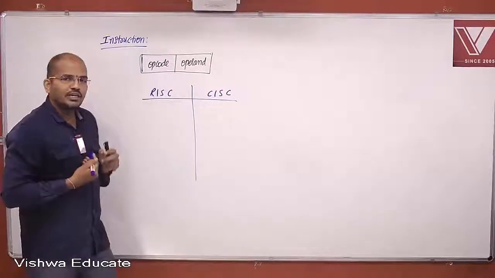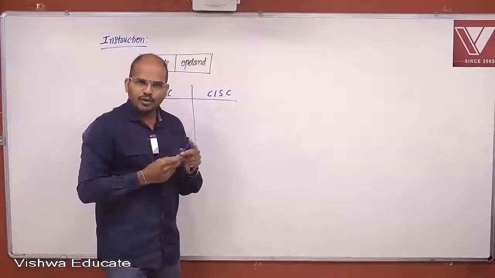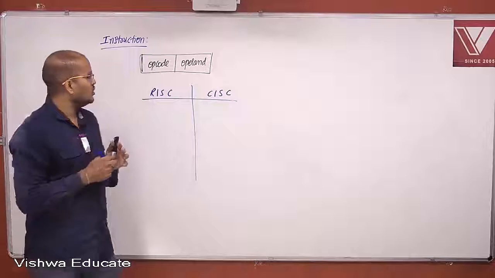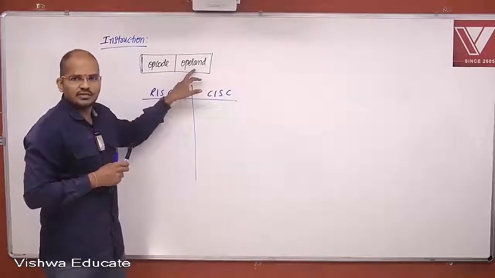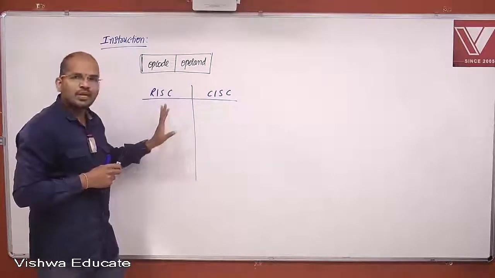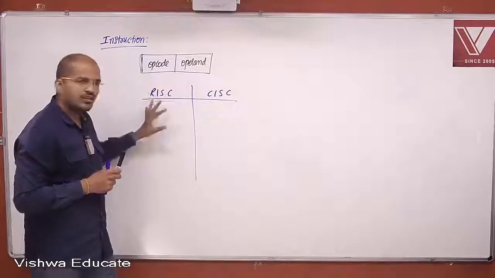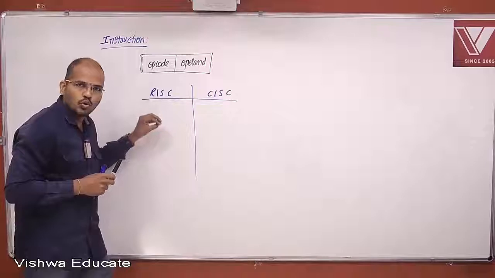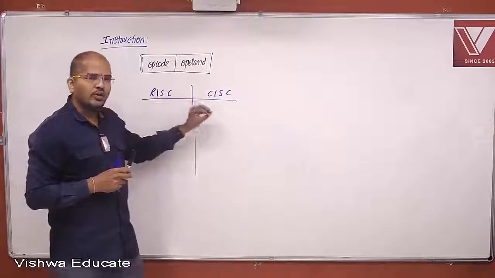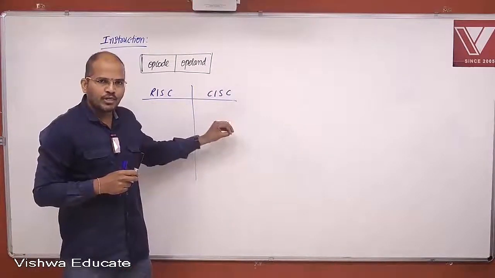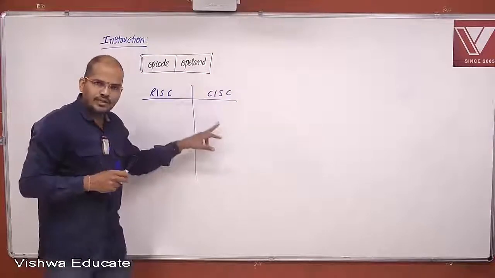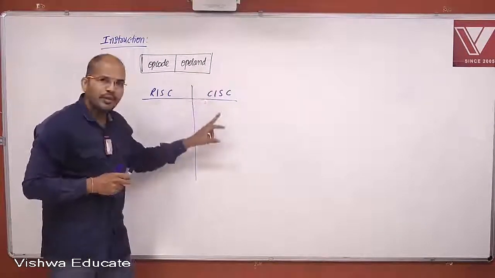In a reduced instruction set computer, the mostly used operands are registers. There are no memory locations found in RISC. We work with registers only. In a complex instruction set computer, the operand can be a register, or it can be a memory location.